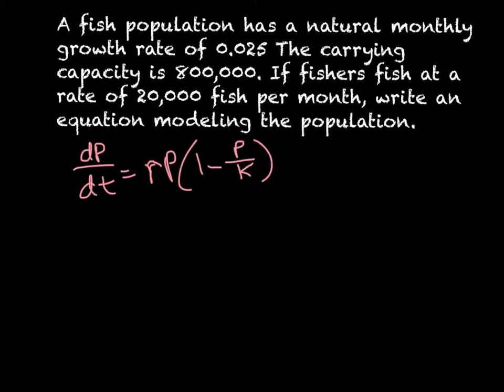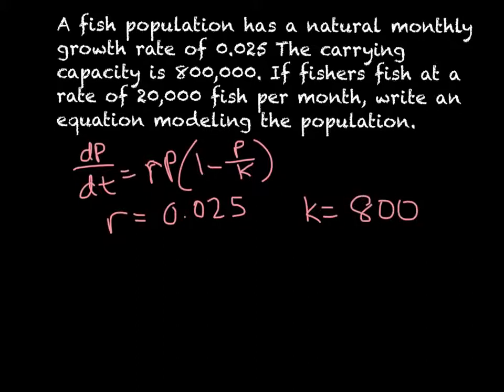Now we're given that r equals 0.025 and k, I'm going to do everything in thousands, so I'm just going to say k equals 800. I'll make a note here that this is in thousands.